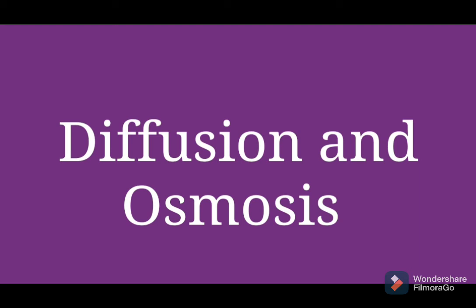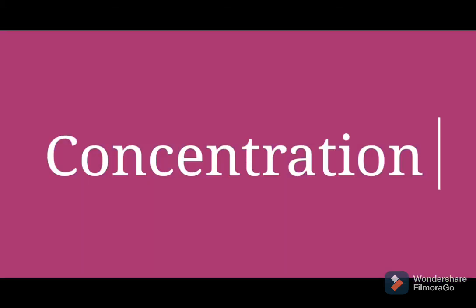Before that, you need to know about concentration, because both these concepts, diffusion and osmosis, are related to the concentration of a given solution. So what is meant by concentration? Concentration is the measure of one particular substance in a solution.